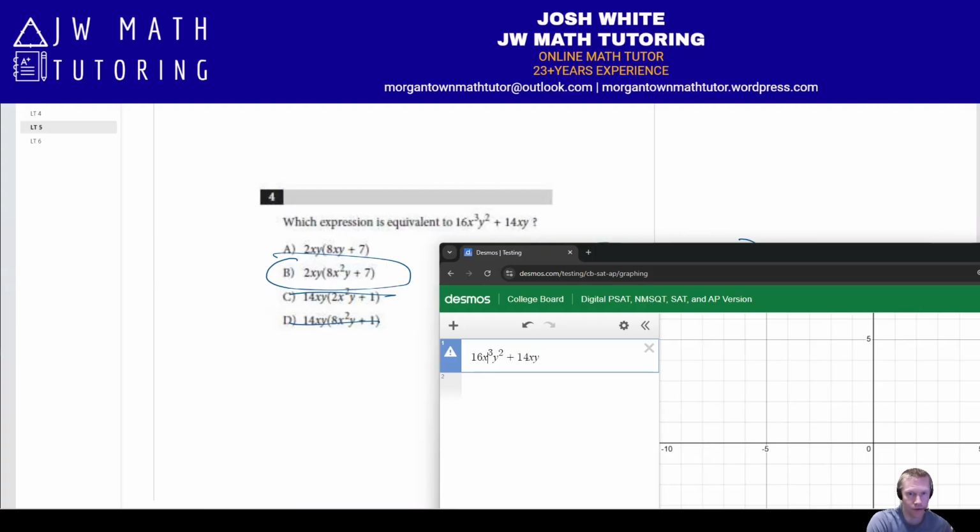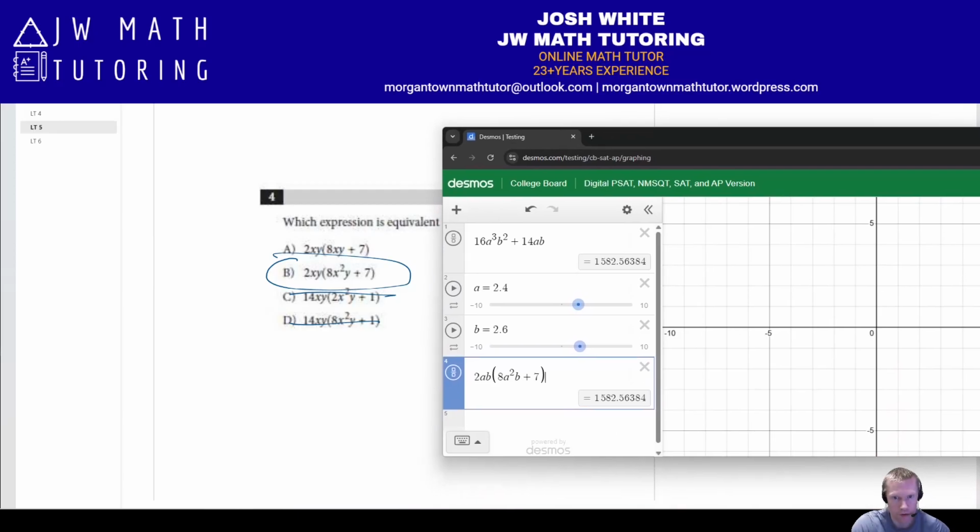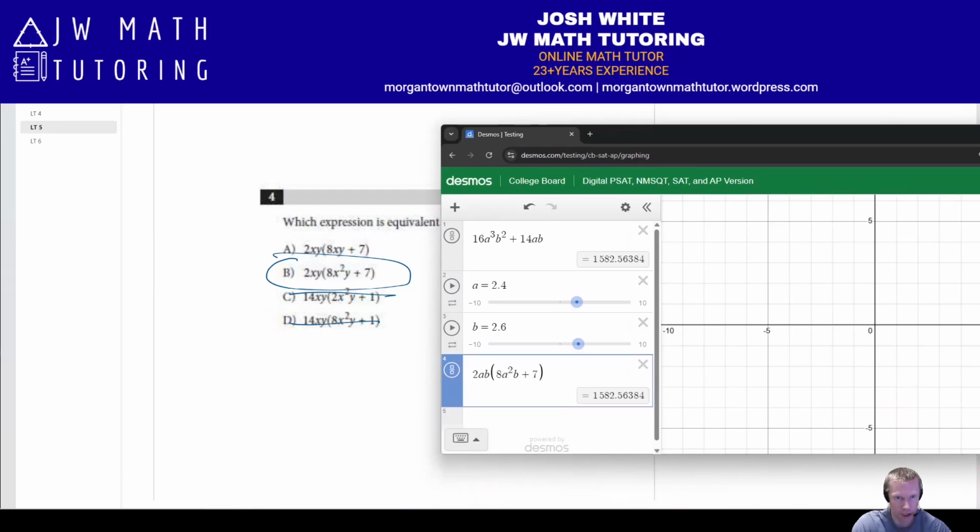So what we would have to do in Desmos is instead swap out x and y for a and b, add some sliders, set them to whatever random number, and then you would type the answer choices again, replacing x with a and y with b, and then you would see, do you get the same number for the original expression and for the correct answer choice? And so for answer choice B, we do. Again, I'm not going to bother spending the time going through all the others, but you could test them out and see that they do not give the same values that the original expression gives you.